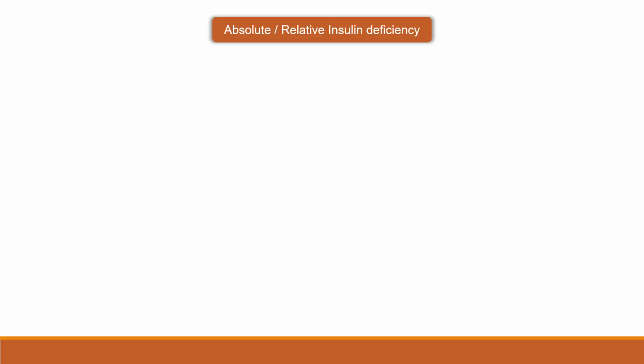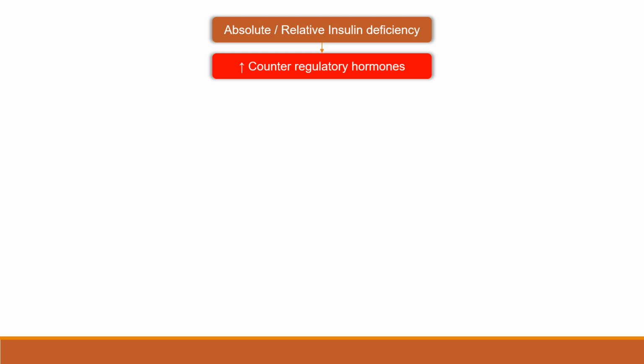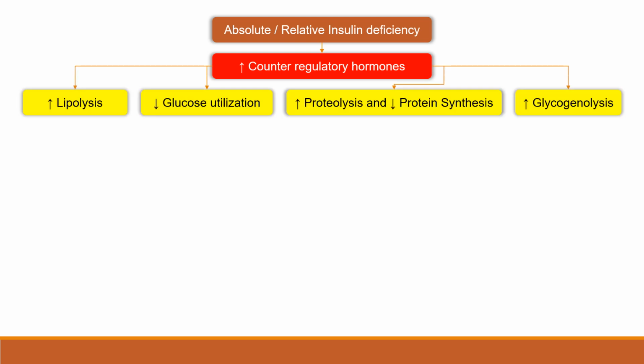Now we will discuss the mechanism of development, or pathophysiology, of diabetic ketoacidosis. Just as we discussed in the previous slide, whatever may be the cause, there is either absolute or relative insulin deficiency, which in turn leads to increase in secretion of counter regulatory hormones. Those are growth hormone, cortisol, etc. So increase in counter-regulatory hormones and absolute or relative insulin deficiency leads to four complications.